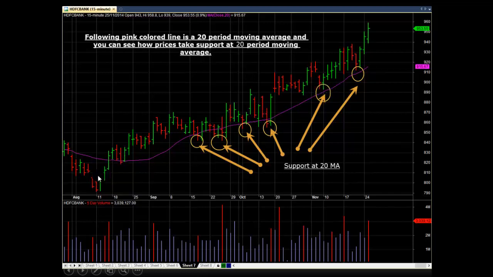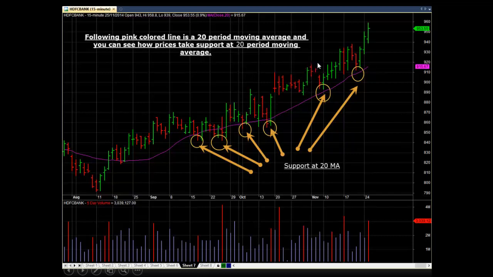Here you can see it went up, crossed the pink colored line, came down, found support at the pink colored line, went up, came down again, found support, went up, came down, found support, and so on, until it broke to a new high.